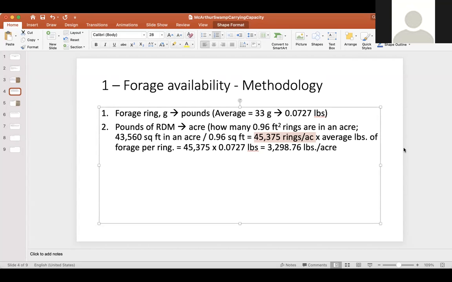Okay, great. So now that we know that you can fit 45,375 rings per acre, we can then extrapolate that out and multiply that times the average pounds of forage per ring, which was this 0.0727. And so what that ends up being is about 3,298.76 pounds per acre.